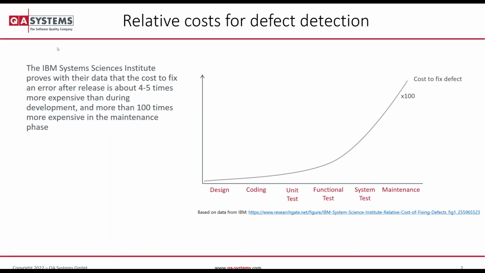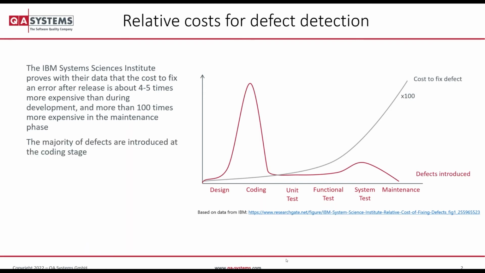We have here data from the IBM Science Institute that shows us the cost to fix a bug is up to 100 times more expensive if the project is already in the maintenance phase, or even 4 to 5 times more expensive during the test compared to design and coding.